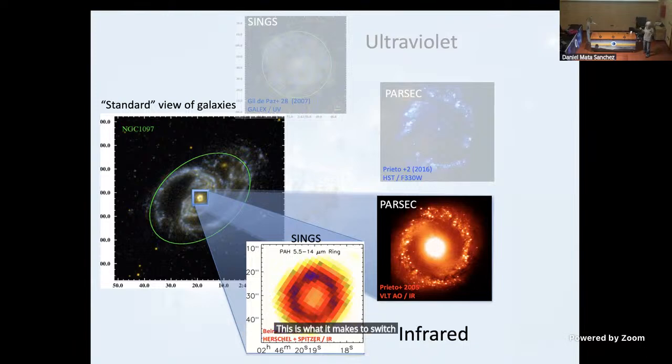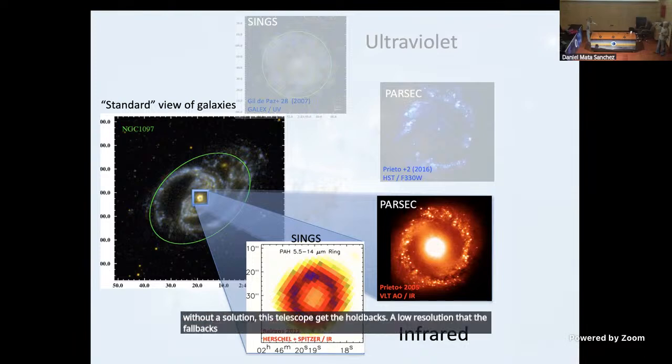What is the drawback here? At this angular resolution, adaptive optics requires a bright star. We can do this because the target, the nucleus, is very bright, so I can use it to correct, but I cannot use it anywhere else. That's the difference. With low resolution, this telescope gets the whole galaxy, at low resolution but the whole galaxy.